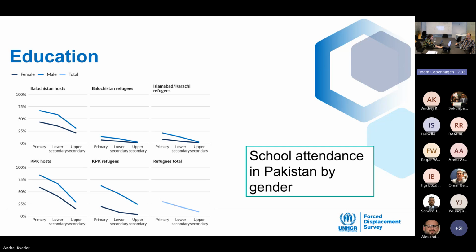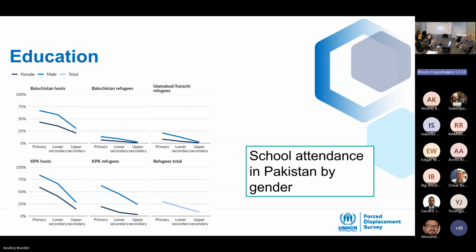Another example is the data that was collected in Pakistan on education, and the results were really interesting because gender differences in Pakistan were always prevalent, and we know that obviously it exists, but just seeing it on a chart, where you can see the female attendance is always so much lower compared to male attendance.